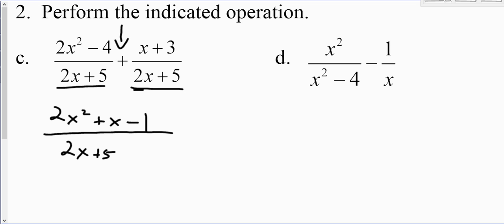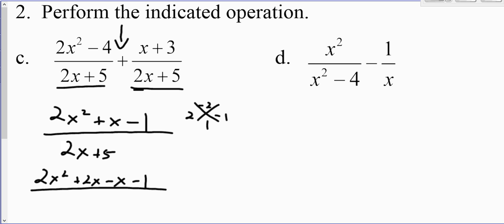Well, I need to factor my numerator. So I'm going to see that I get negative 2 and 1. So that is going to force things to be a 2 and a negative 1. So as I factor my numerator, I'm going to get 2x squared plus 2x minus x minus 1 over 2x plus 5.